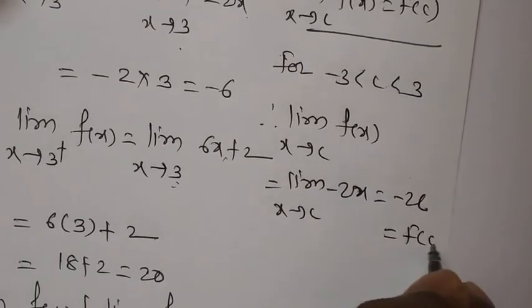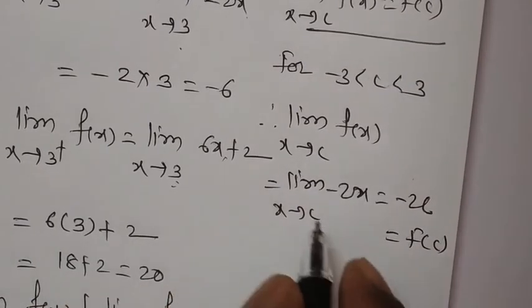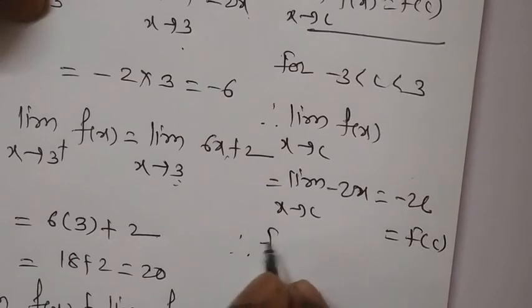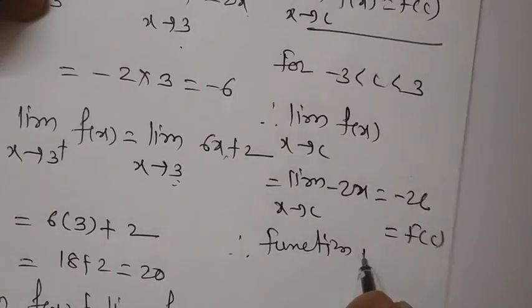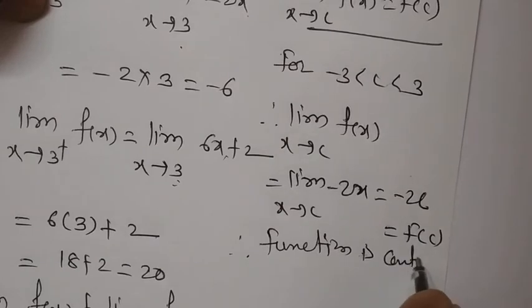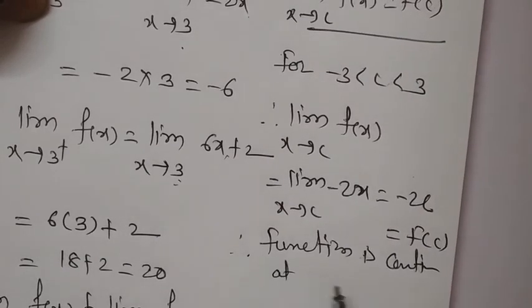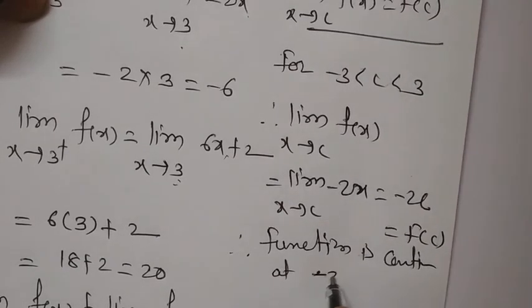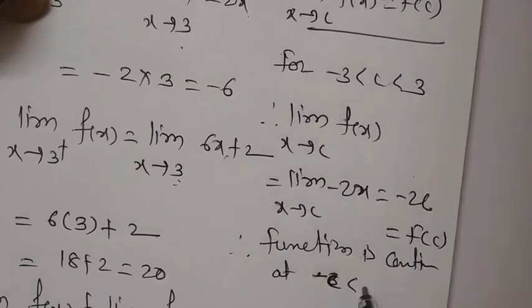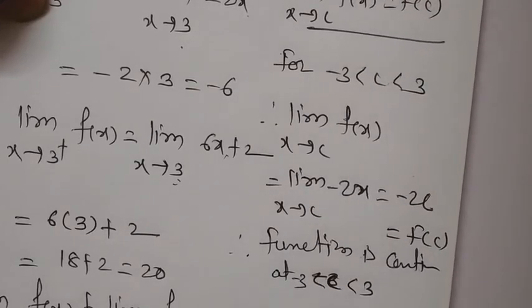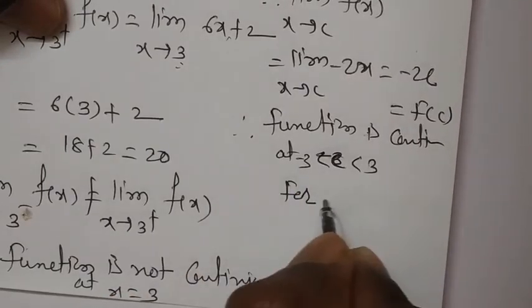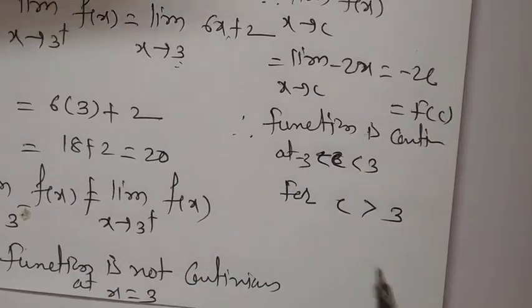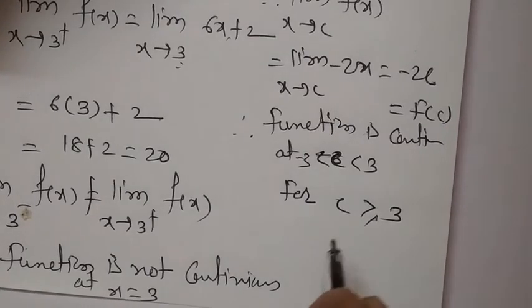F of c, because when we put c, the answer is minus 2c. Hence the function is continuous at c, which c? c is less than 3 and greater than minus 3.